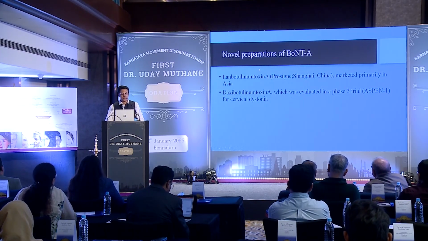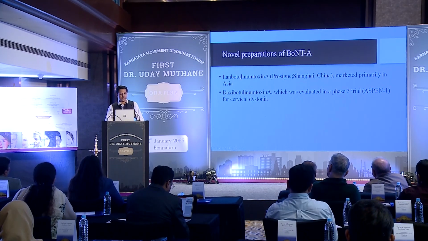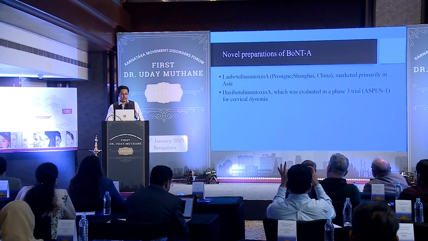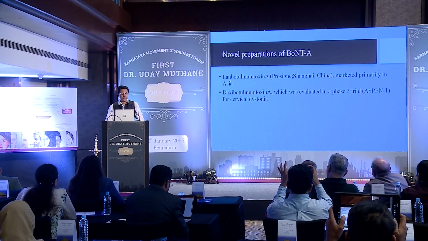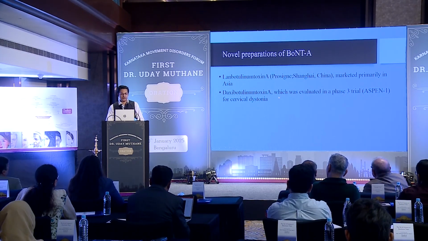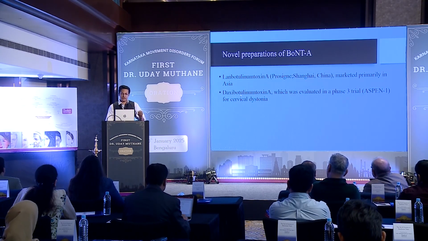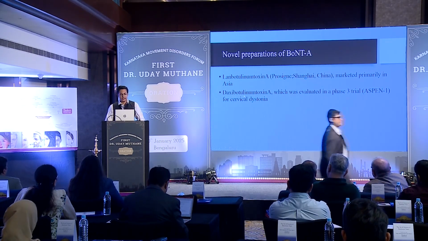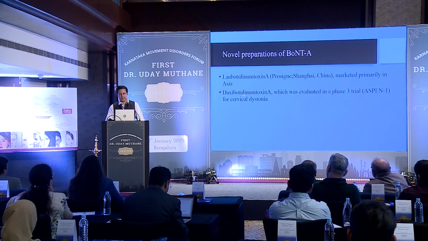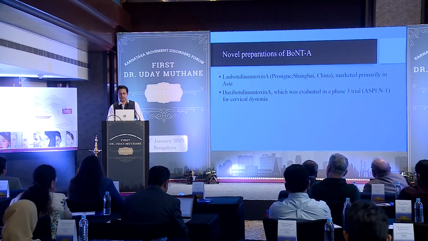There are certain novel preparations of botulinum toxin type A which are currently available, but these have not yet been marketed in India. One is nanobotulinum toxin A. The other is daxibotulinum toxin A. Daxi has been approved for cervical dystonia. The main advantage is that the efficacy lasts almost 6 months, or 24 weeks or more.